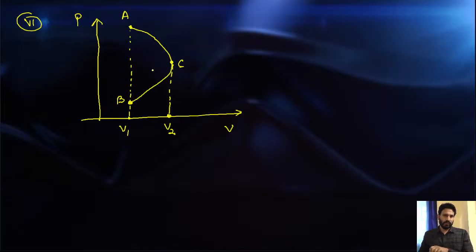Is it 0 or any value? From A to C and C to B, this is the process. So what is the work done?